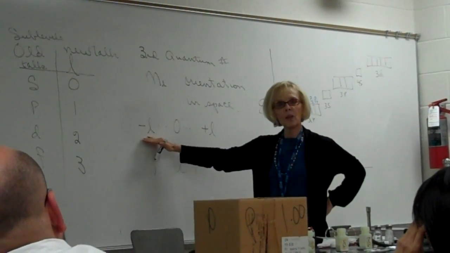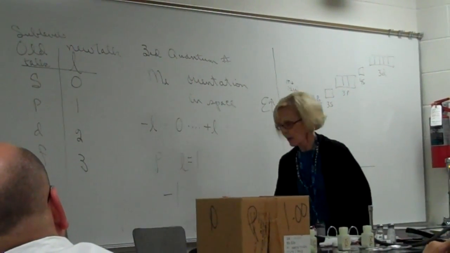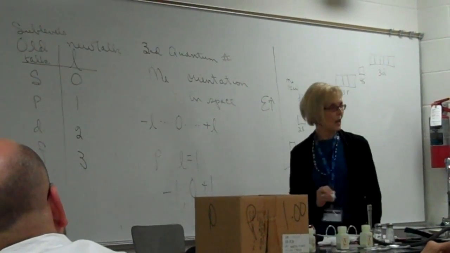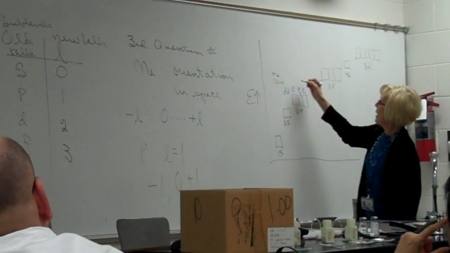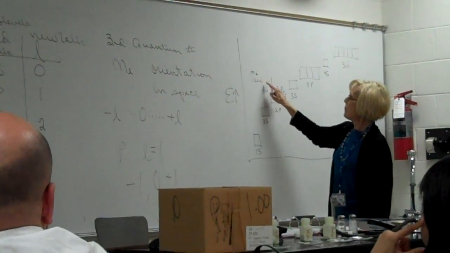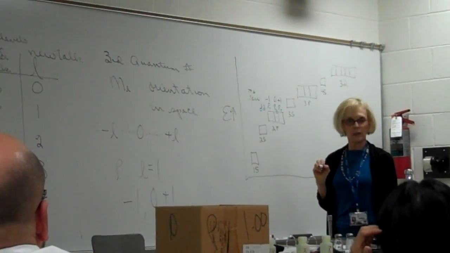Okay, what can m sub L be? It can be minus L, up to 0, up to plus L. So we come over here, and it's like a number line. M sub L is -1. Here it's 0. Here it's +1.